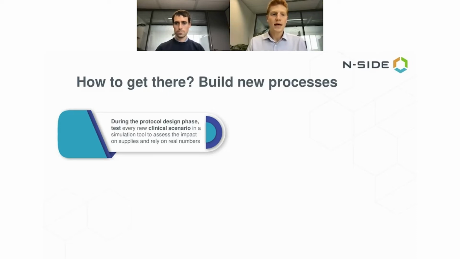The first one is, when you receive a trial under draft, it's extremely important to test all the potential scenarios that could have an interesting output in terms of supply.